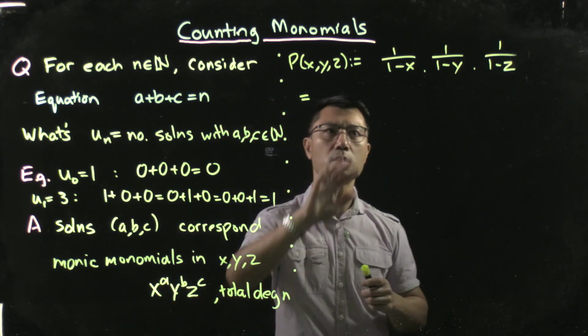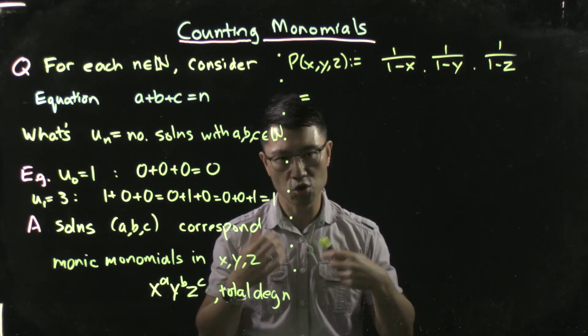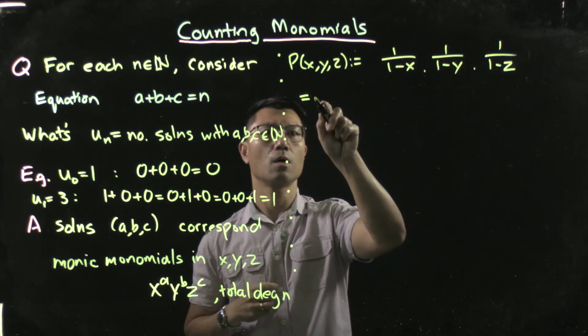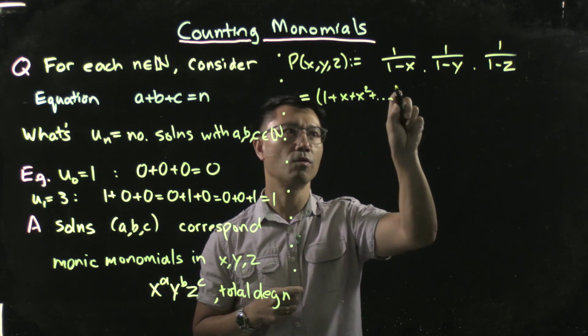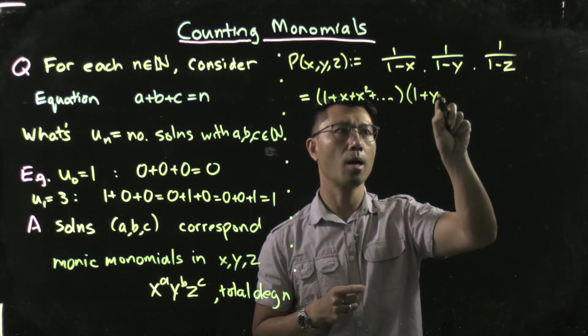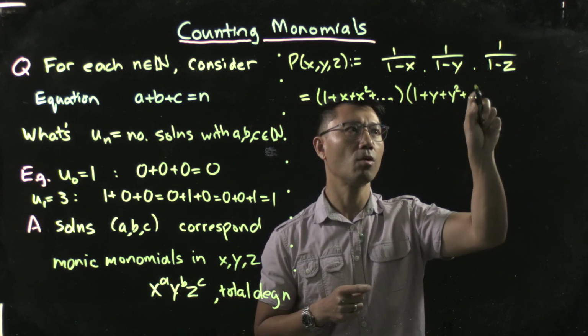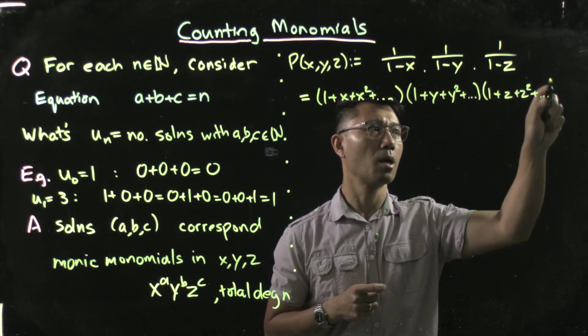Then we'll write each of these as the sum of an infinite geometric progression. So it's 1 plus x plus x squared plus so forth for the first one. We do the same for the second, 1 plus y plus y squared plus so forth, and the last one, 1 plus z plus z squared plus and so on.